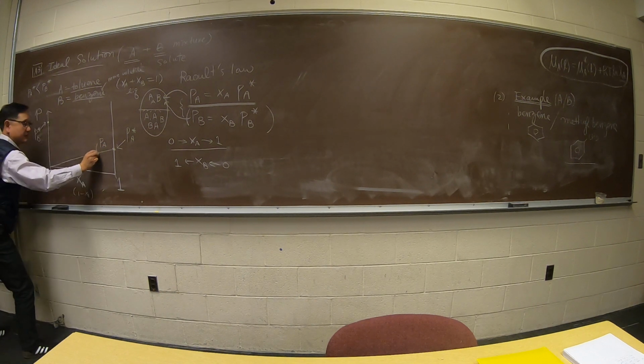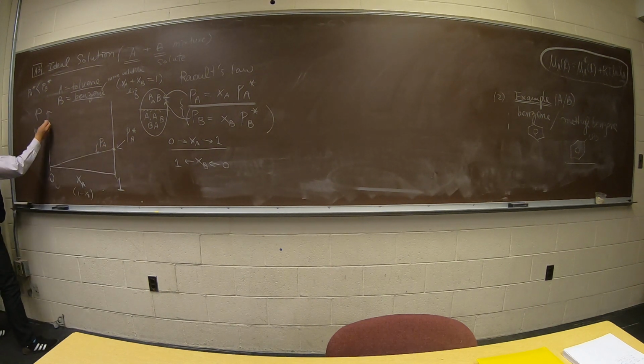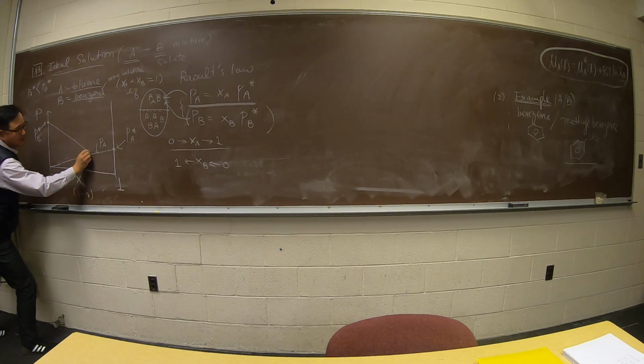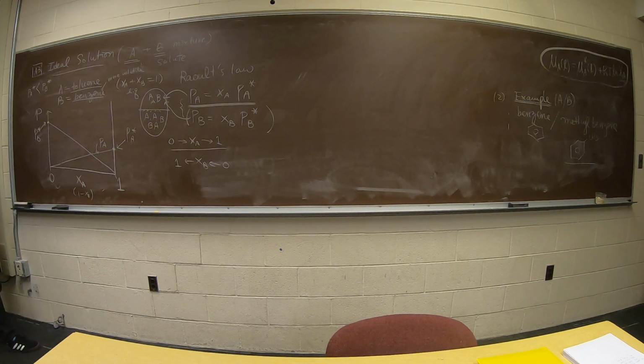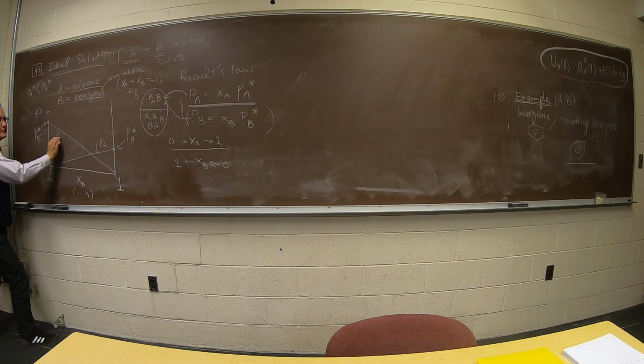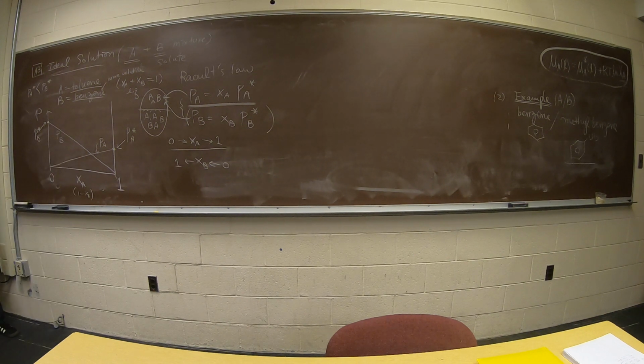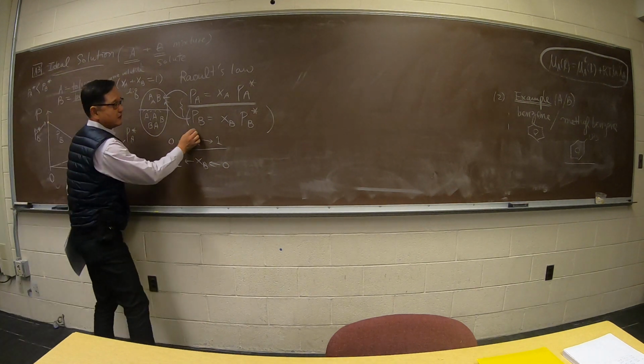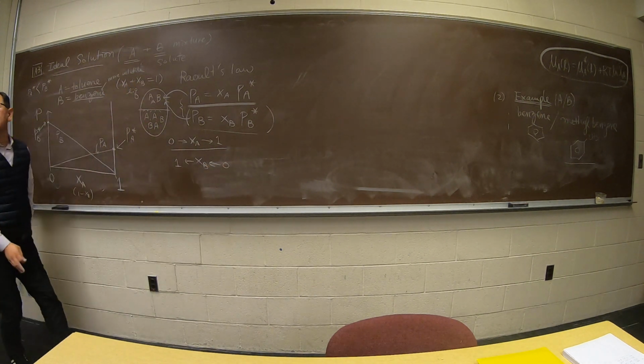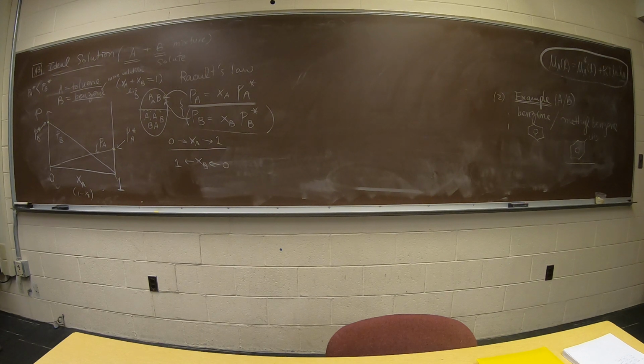Okay. So this is the partial pressure, and that one is essentially this way. And that's the partial pressure of B. Just what you see is a linear dependence on composition with respect to their own mole fraction.